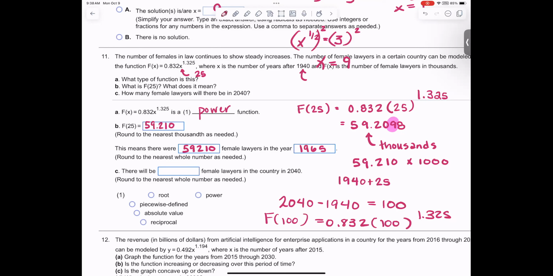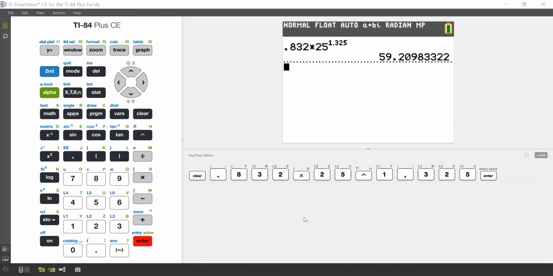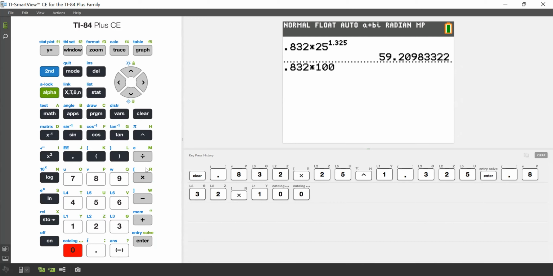So I'm going to go back to my calculator. And I'm going to multiply 0.832 times 100 to the what? 1.325.